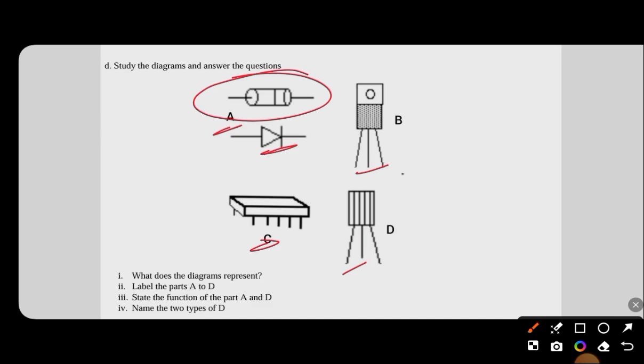C, which is an integrated circuit, can perform a lot of functions depending on the design. It can amplify a signal or control a signal. And D is used to amplify current and switch electronic signals. Types of D: we have the NPN transistor and the PNP transistor.